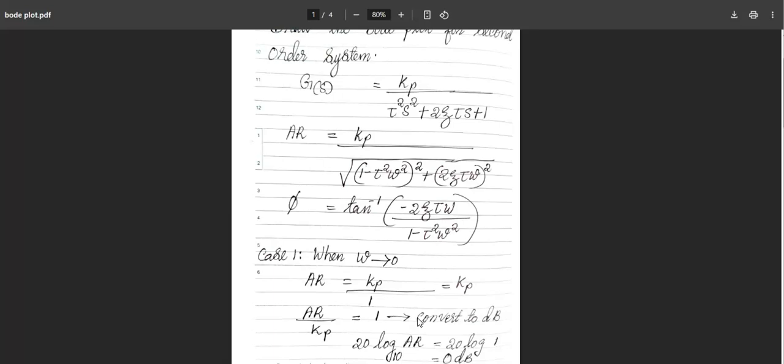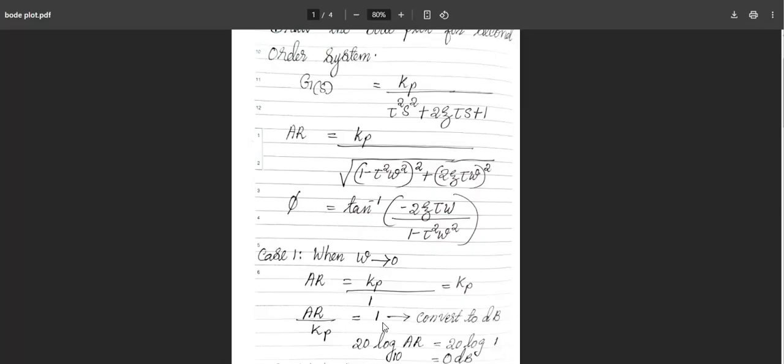If you substitute, AR is equal to Kp divided by root of (1 minus 0 square) whole square plus 0 square. So you will get AR equal to Kp, and if you take the ratio AR by Kp, it is 1. Normally in the Bode diagram, log AR is represented in decibel.